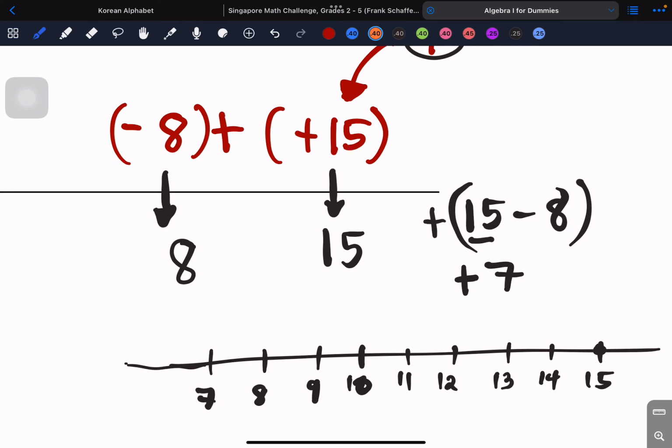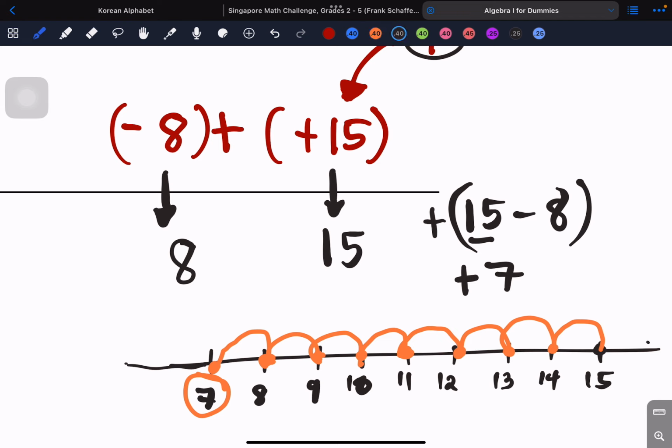So, 8 units to the left, that is 1, 2, 3, 4, 5, 6, 7, 8. Kaya, ang sagot natin ay positive 7.